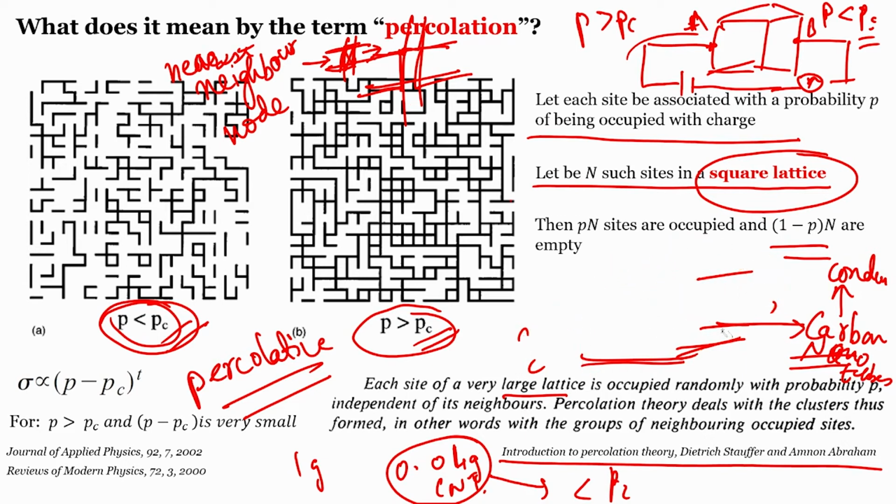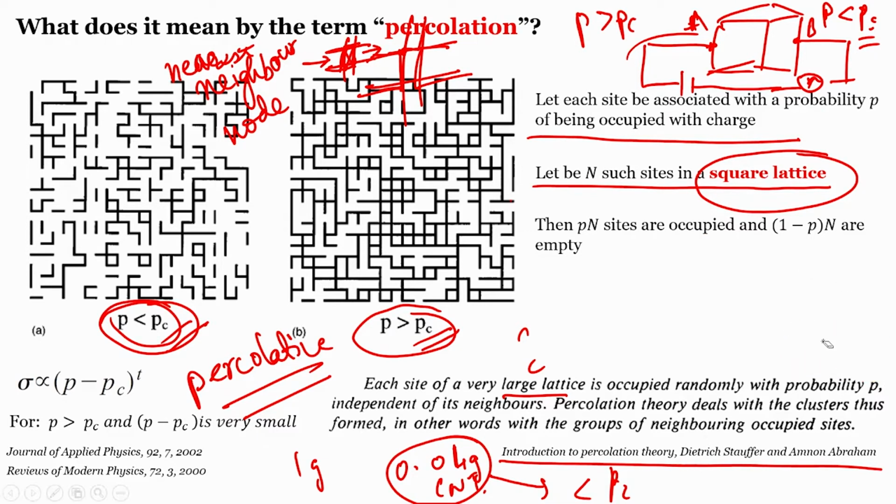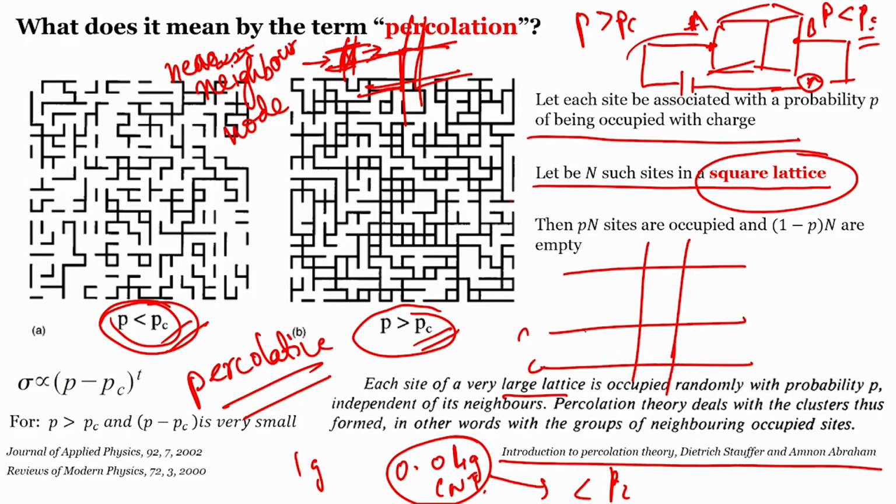I will draw that again here. So these two can be considered as adjacent or nearest neighboring nodes, whereas these two are not sharing an edge, they are just sharing a node.